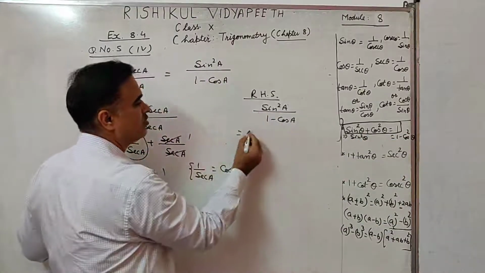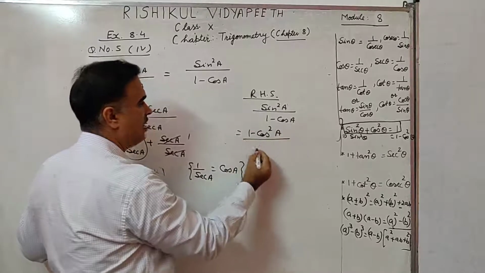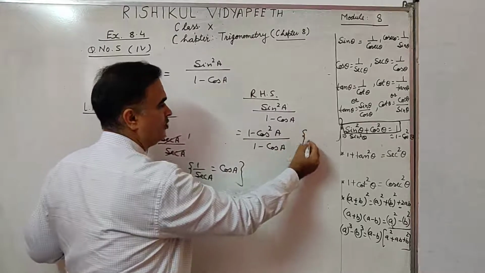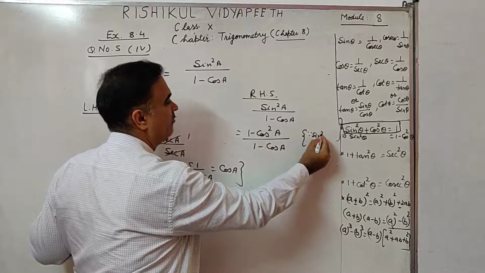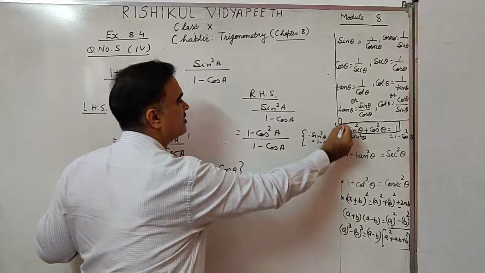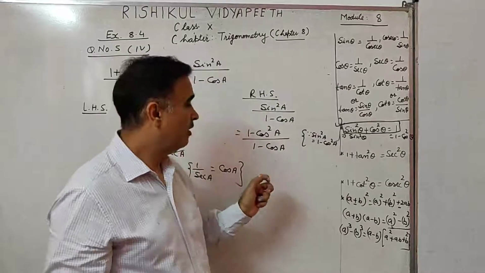So in place of sin square A, we can write 1 minus cos square A upon 1 minus cos A. You can write sin square A equals 1 minus cos square A. This identity will be used in all questions.